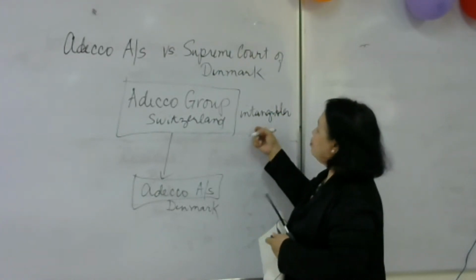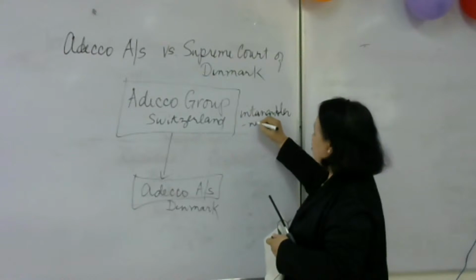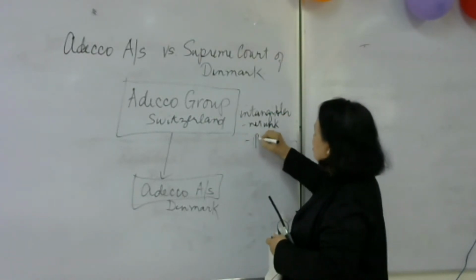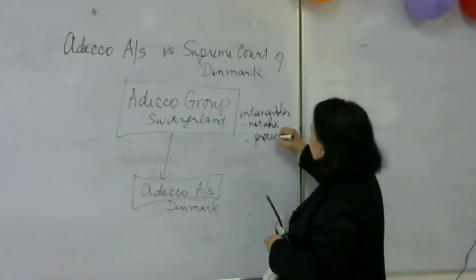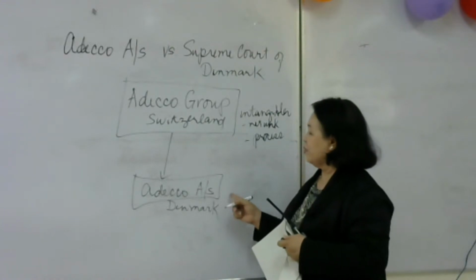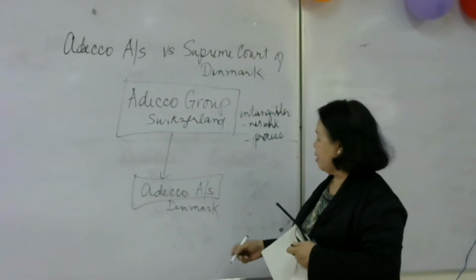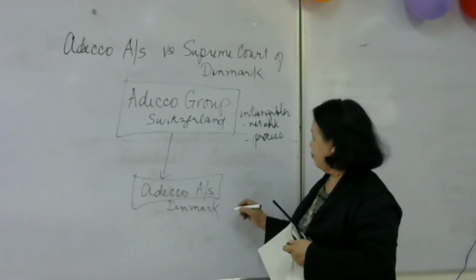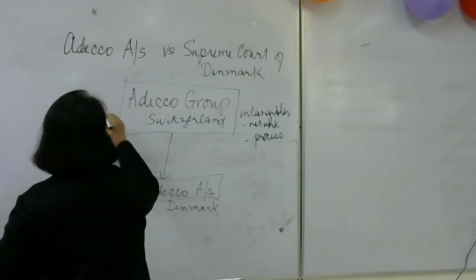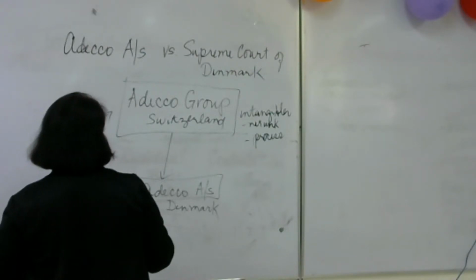And then, ano yung mga kasama dyan sa intangibles niya? Meron siyang network, no? Meron siyang process. And then, itong si Adecco AS, the Denmark, nagbabayad siya ngayon ng royalties dito kay Adecco, Switzerland.